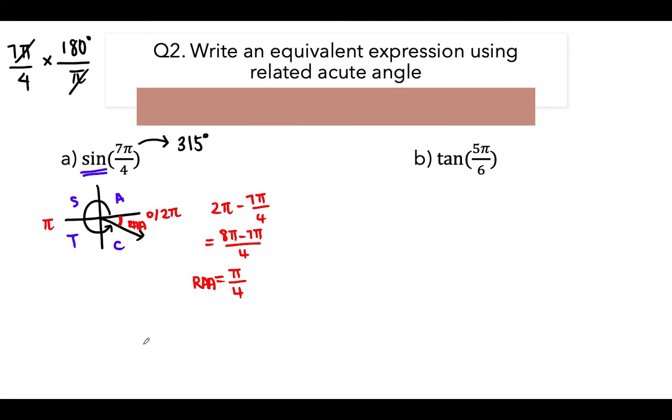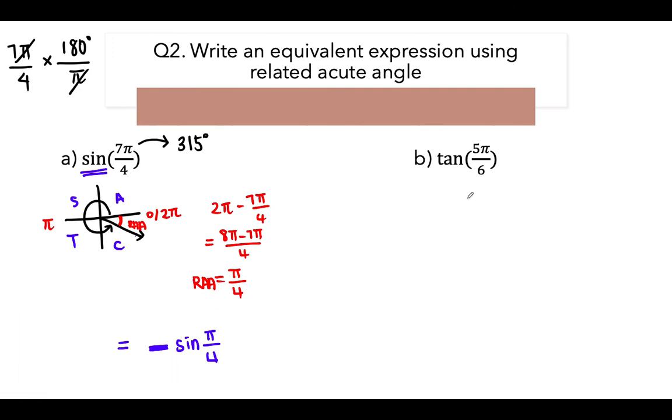So therefore, my equivalent expression is going to be negative sine pi over 4. The reason is because only cosine can be positive in this quadrant, but I'm given a sine ratio, so sine in quadrant 4 is going to be negative. So this is my equivalent expression using a related acute angle.